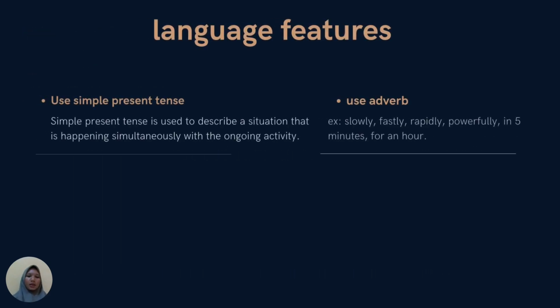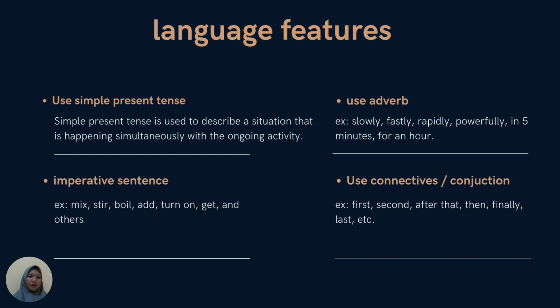And the next is the language features of procedure text. The first is use simple present. Simple present tense is used to describe a situation that is happening simultaneously with the ongoing activity. And the second is imperative sentence.